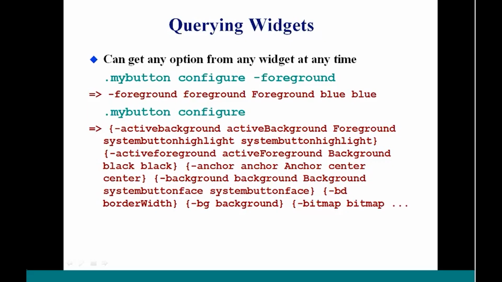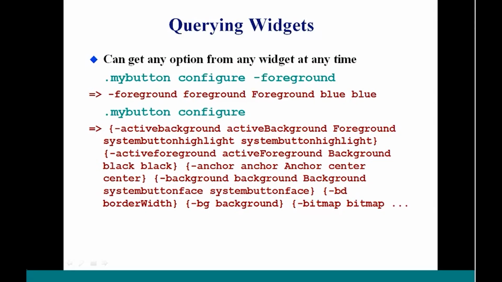The other one is how can I get any option from any widget at any time. So when we give the widget name, here this is .mybutton configure -foreground, then it gives you the foreground as foreground and foreground blue.